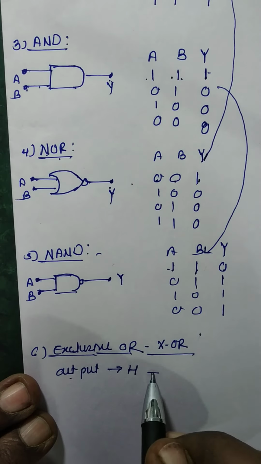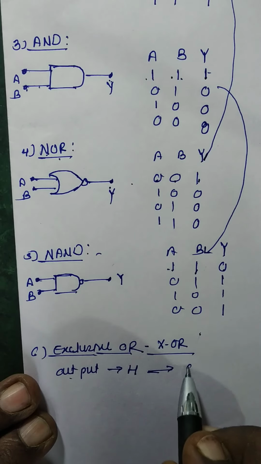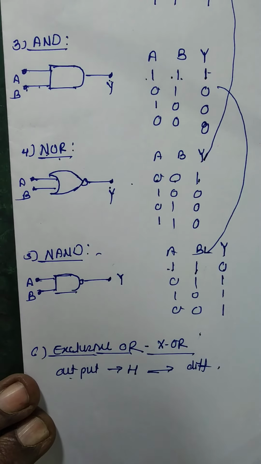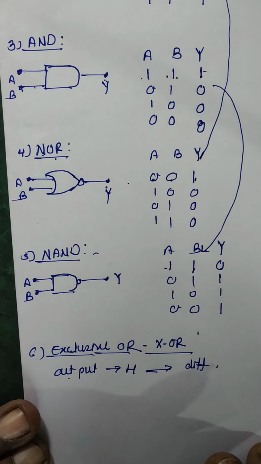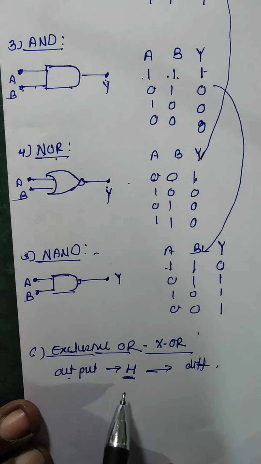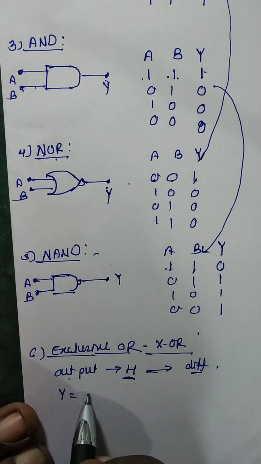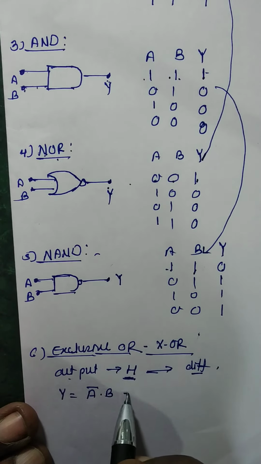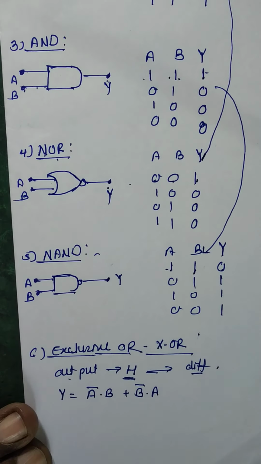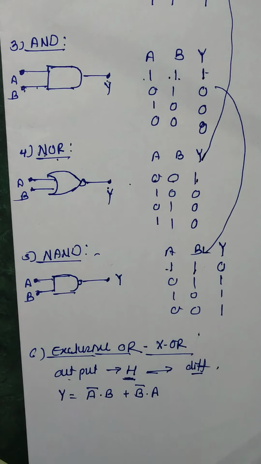Output is high only when its terminals are at different levels with respect to each other, means output Y is equal to A complement B plus B complement A. A complement B plus B complement A, the complement meaning inverted.